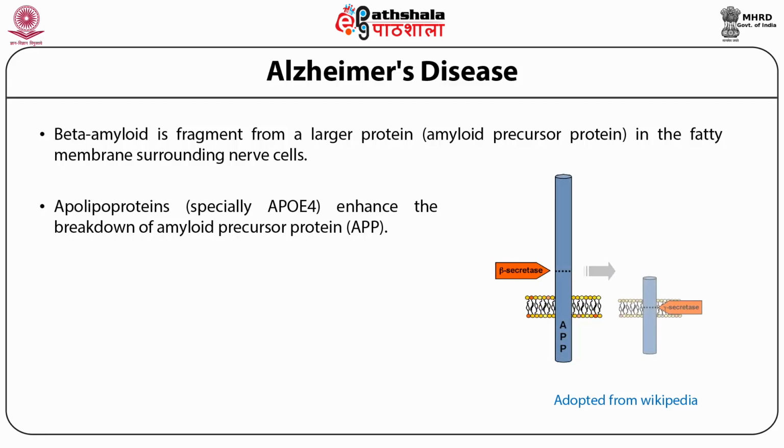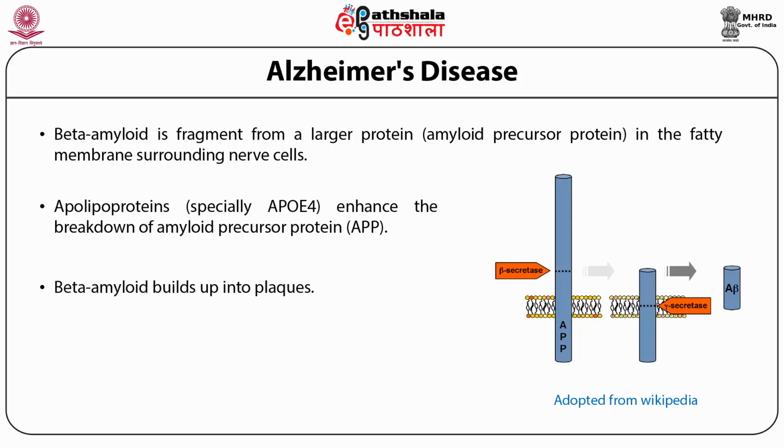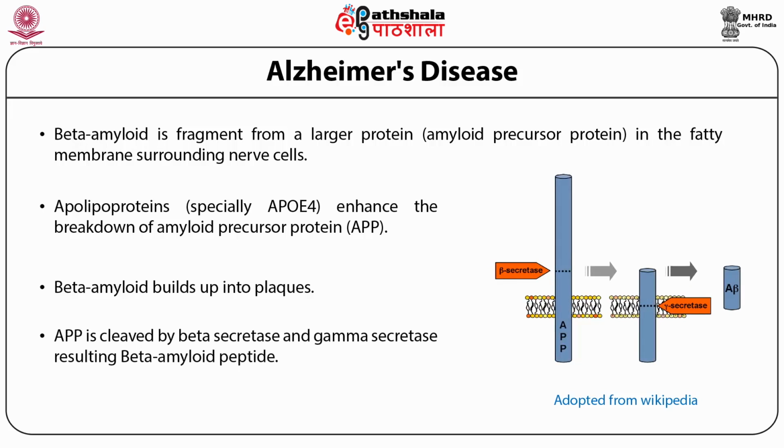The amyloid precursor protein is cleaved by beta secretase, and the beta amyloid builds up into plaques. APP is cleaved by beta secretase and gamma secretase, resulting in a beta amyloid polypeptide. This polypeptide is expected to form longer fibrils, which I will show you in the next slide.